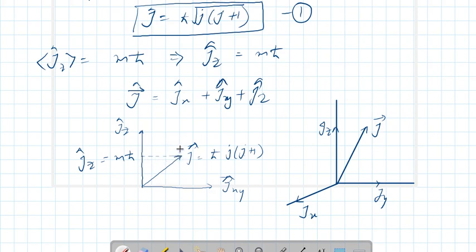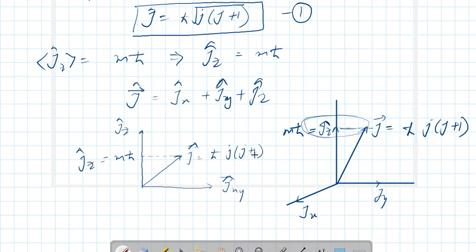In terms of this three-dimensional diagram, it is j and jz like this, and this jz is equal to m h cross, and this j is equal to h cross root of j into j plus 1. These two things we have to keep in mind. It's a very important thing.